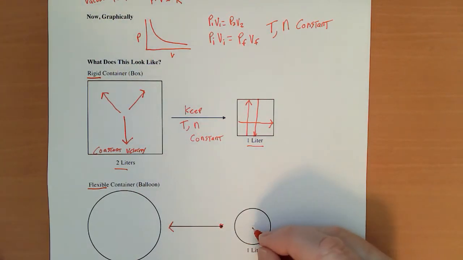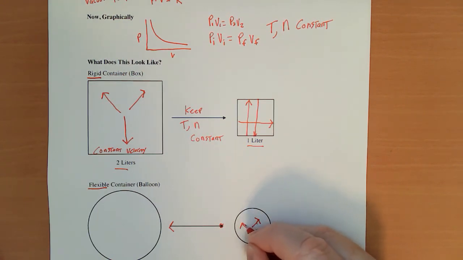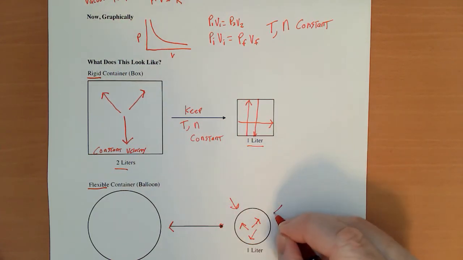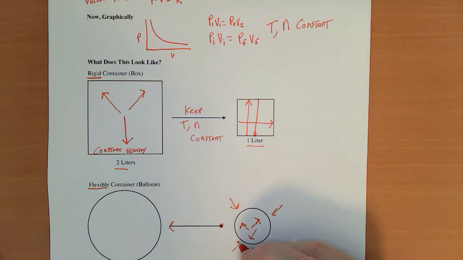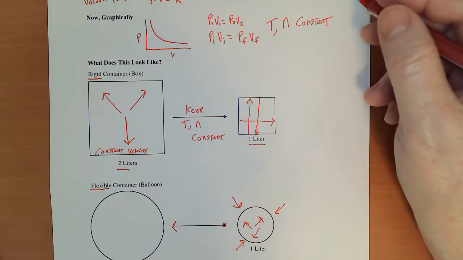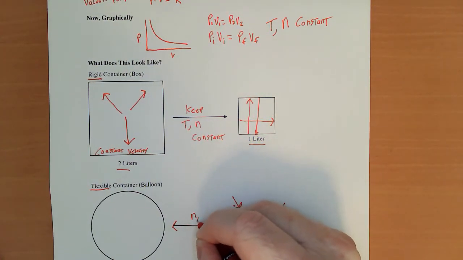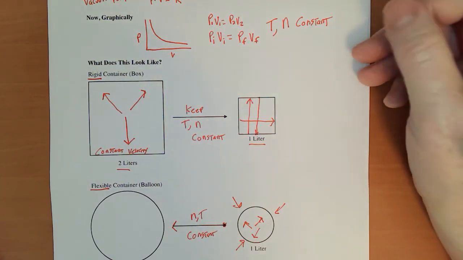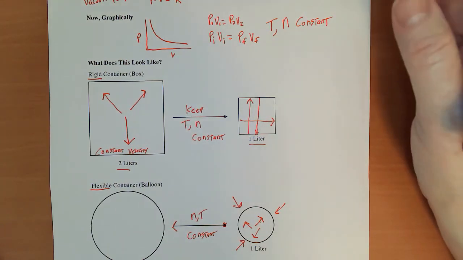Now, inside, we've got particles flying around, and they're hitting the walls of the container, okay? And outside, same thing. Air inside, air outside, everything's balanced, and the balloon's just sitting there tied off. n and T are constant. He puts it in the bell jar and he takes the air out of the bell jar.